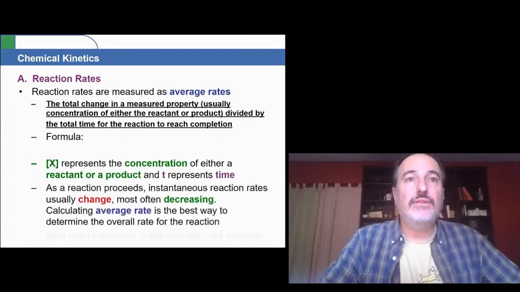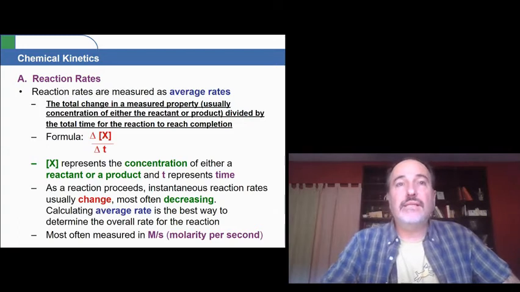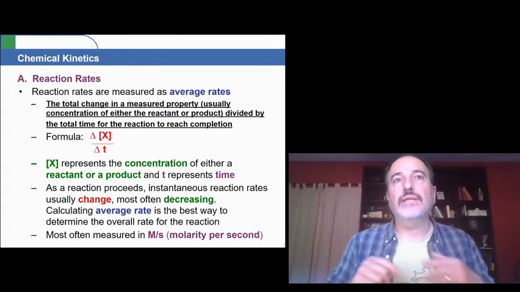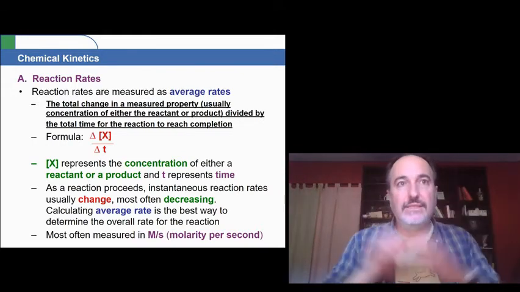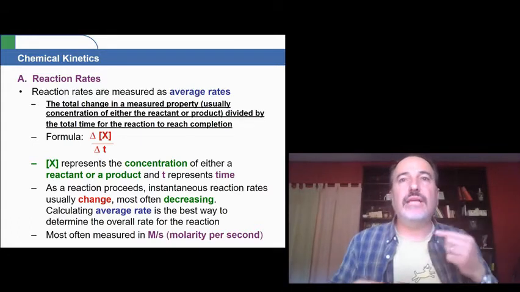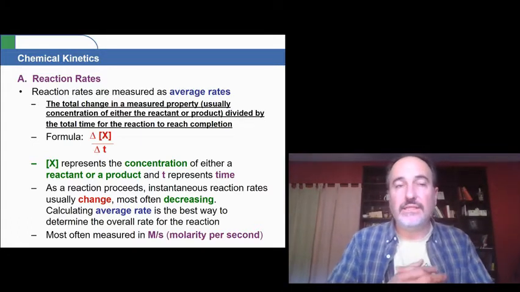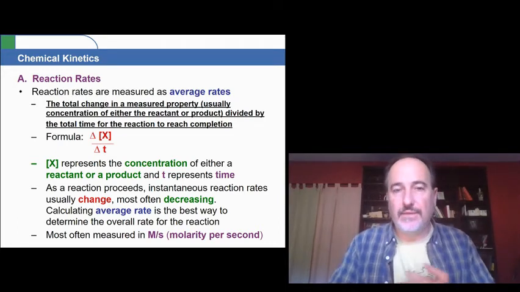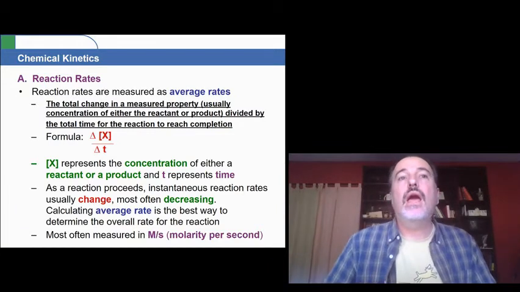All right, so in the formula here, delta represents change, okay? Keep that in mind, that triangle indicates a change in something. And then the brackets around the X represent the concentration of either reactant or product, and t represents time. So as the reaction proceeds, the instantaneous reaction rates usually change, most often decreasing, like I mentioned.